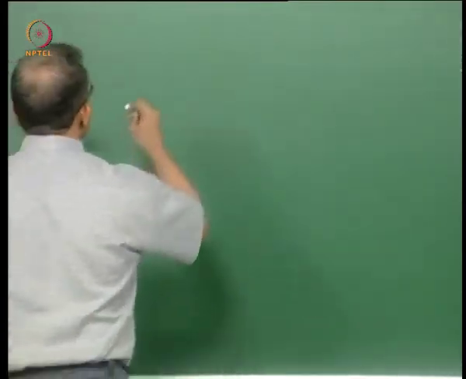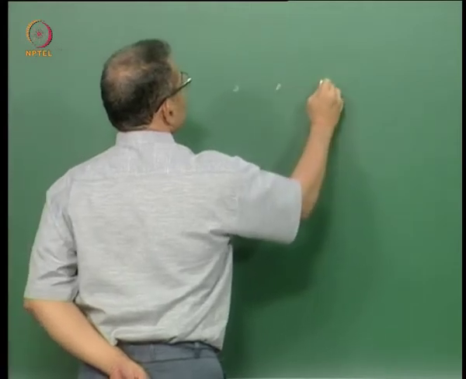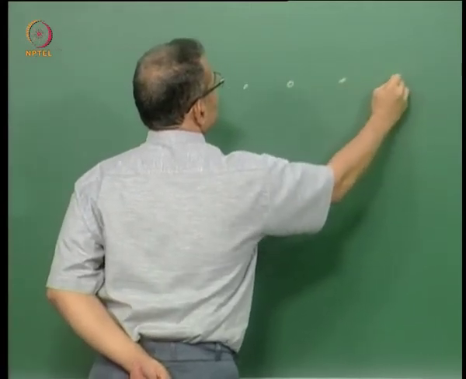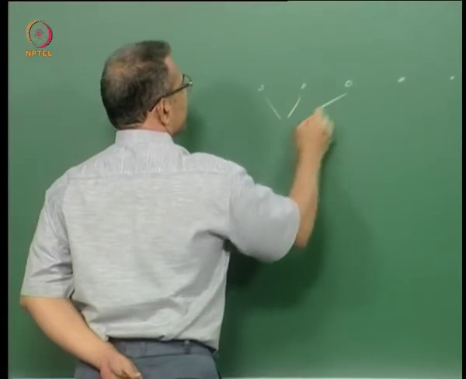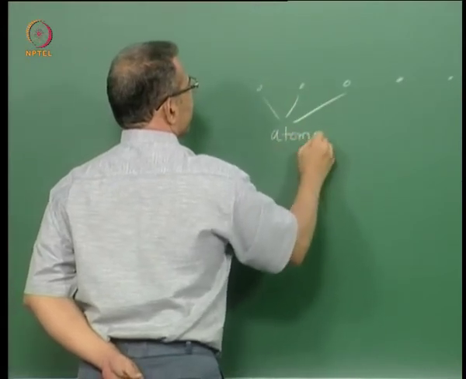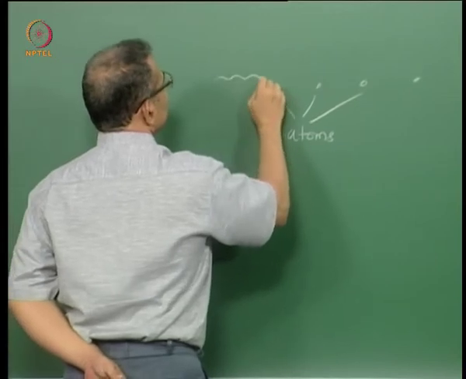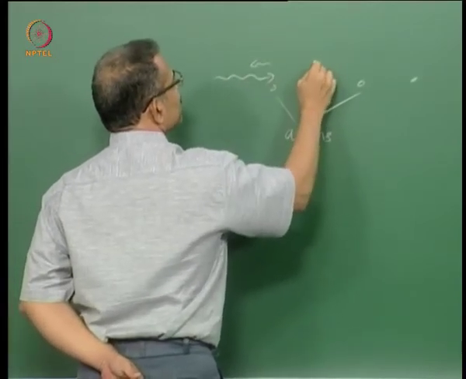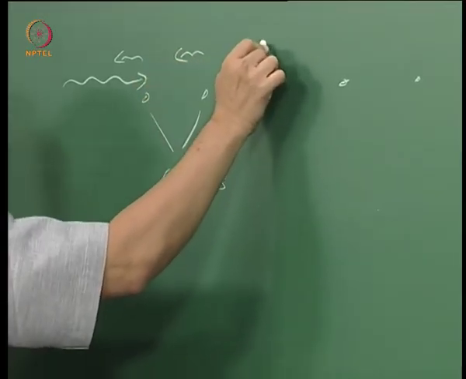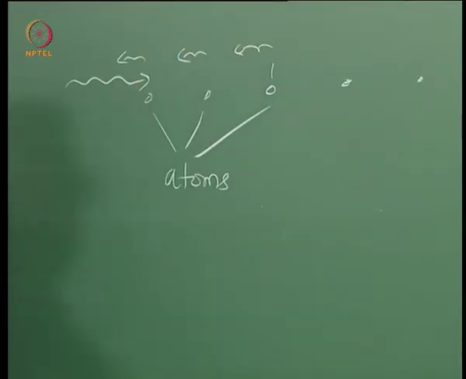So it is something like this. So you have these atoms and you have an incident electron wave and you have a reflected wave from each of these, like this.